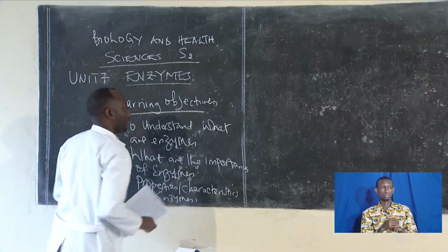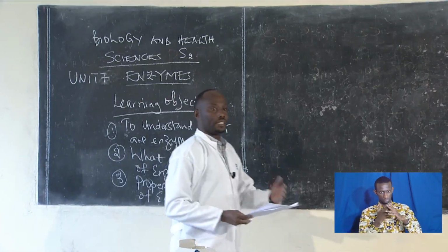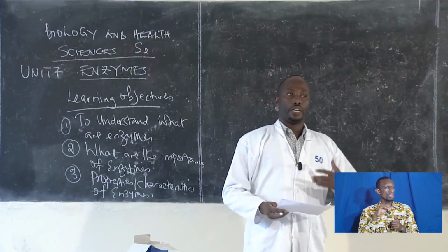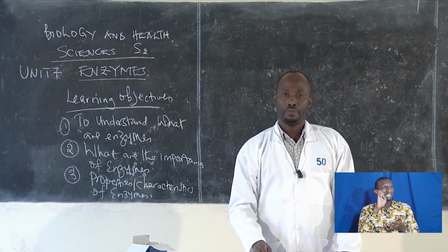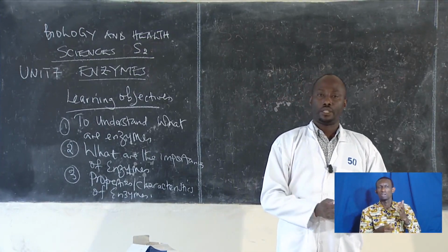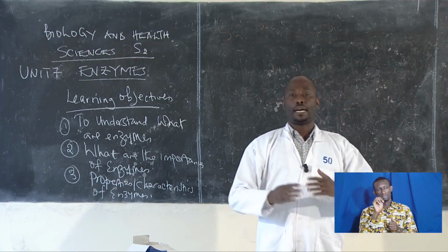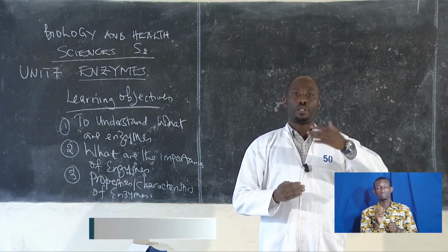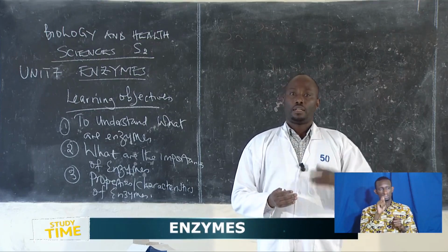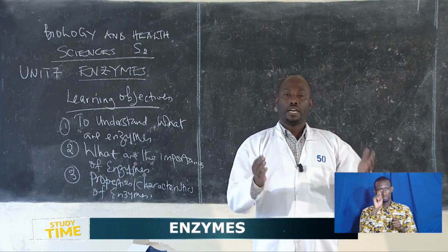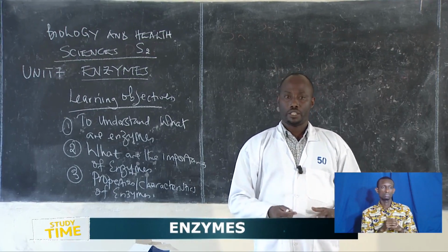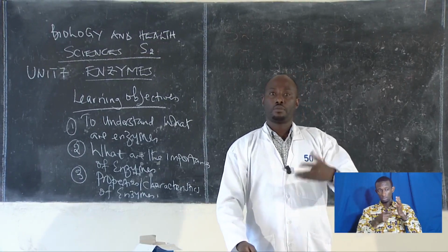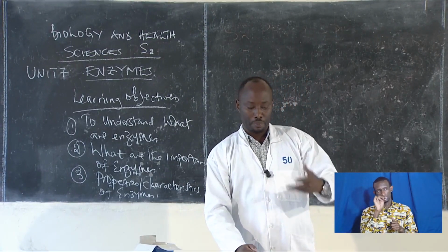Okay, then let's start the lesson. What are enzymes, students? What do you understand by enzymes? I said that enzymes are related to detergents, because once you apply a detergent to clothes that have a stain, the stain has to be removed by the detergent. So it means that enzymes are also able to speed up the reaction.